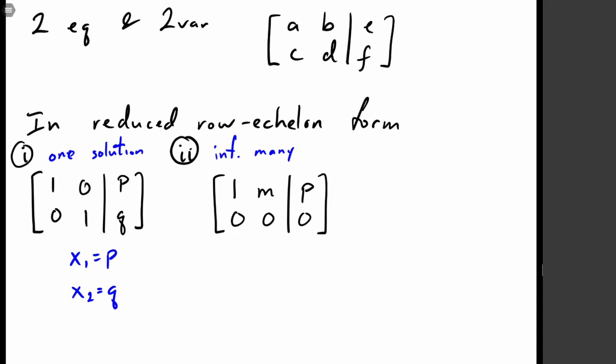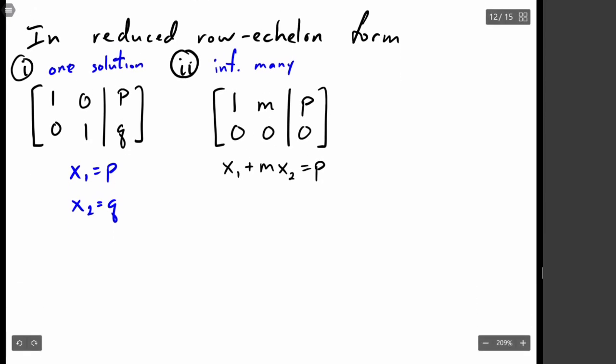So what does our solution look like here? Well, if we translate this back to a system of equations, we get x1 plus m x2 equals p. And there's really no second equation. It's just 0 equals 0. We'll ignore it.